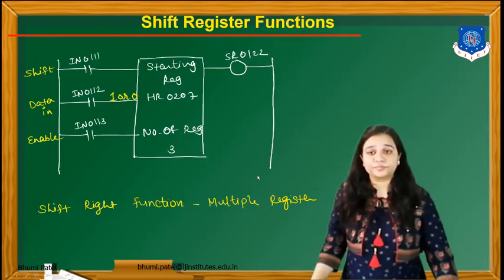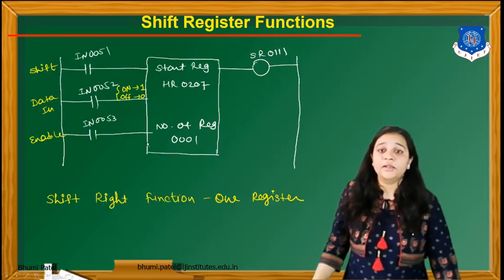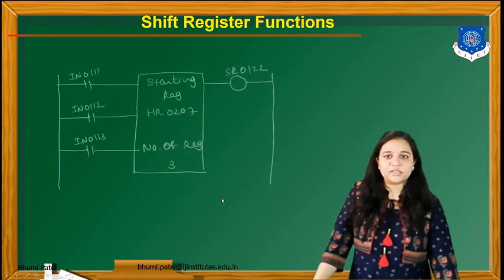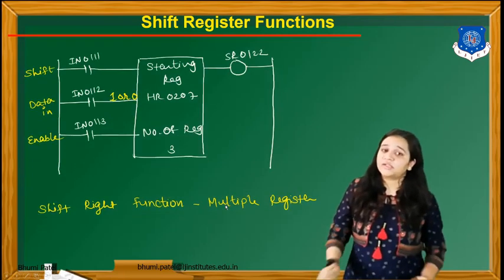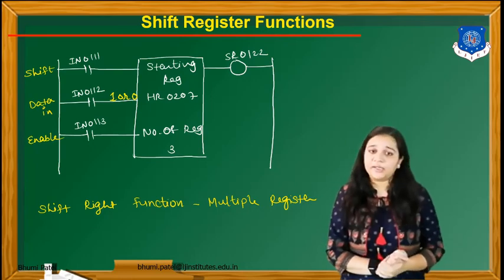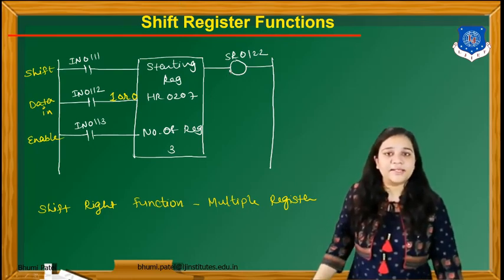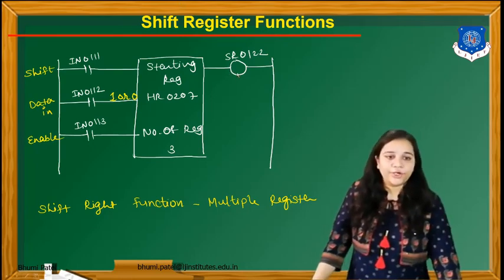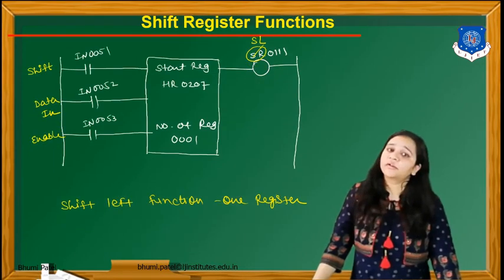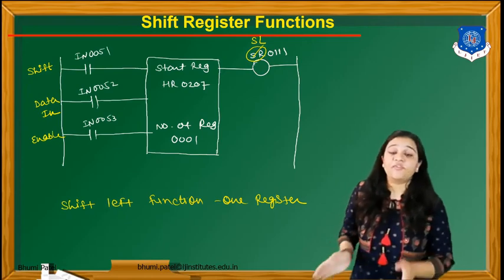Earlier the number of registers was 001 for one register, and here it is 3. So the shift right function is used for multiple registers, and the command is SR0122.